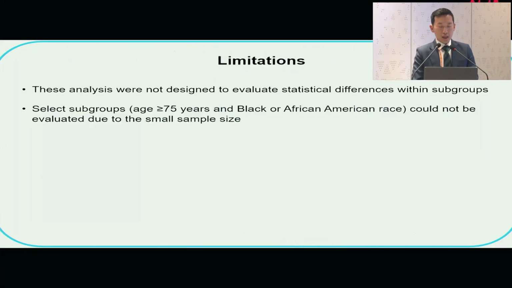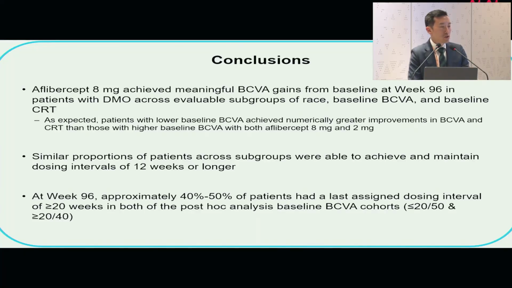So really, these post-hoc analyses were not designed to evaluate differences between subgroups. There were some limitations in the subgroups in terms of ethnicity, and essentially the conclusions are that the results for PHOTON are very generalizable across patient characteristics, and really in line with what we see with disease severity.